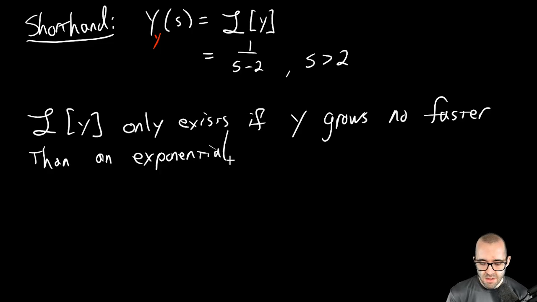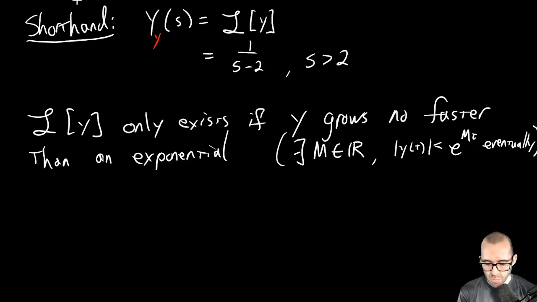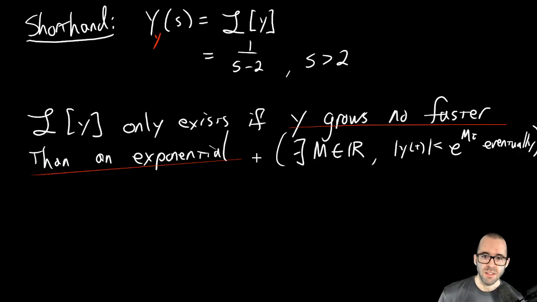Okay, and what that really means is that there is some real number m that has the property that y, which is a function of t, is bounded by e to the mt eventually, for t big enough. So that's not that important. What you need to know is that we are requiring for the Laplace transform to exist that y is not growing faster than an exponential function. This is a more precise mathematical definition of that. Not super precise, but a little bit more precise.